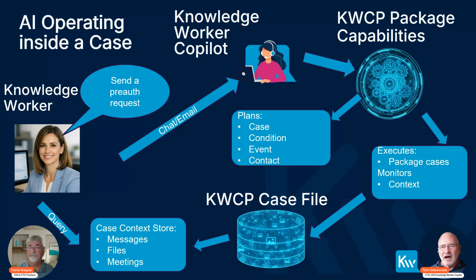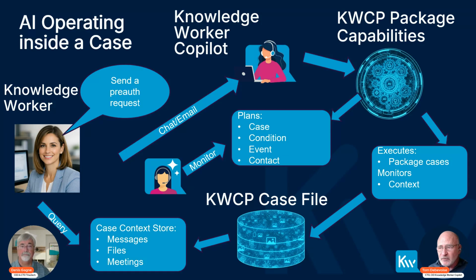And as we saw in the end, we have this case file. We can ask questions about it, and on top of that, the basic architecture permits an advisor to watch what is happening within the case.